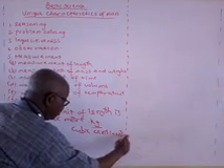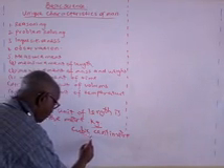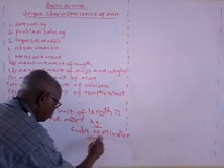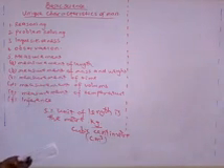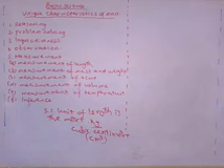Cubic centimeter is the SI unit of volume. And we have various instruments in the laboratory for measuring the volume of a substance.